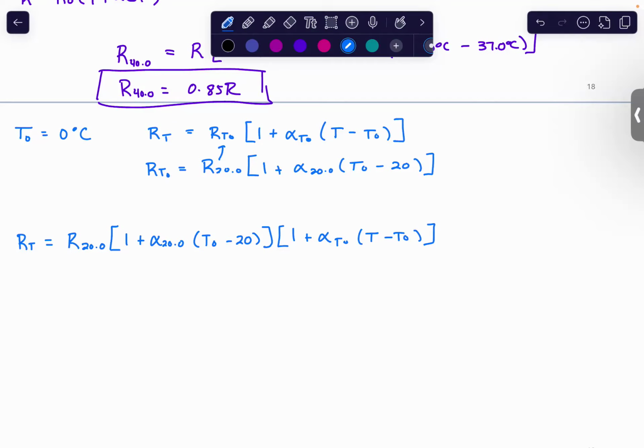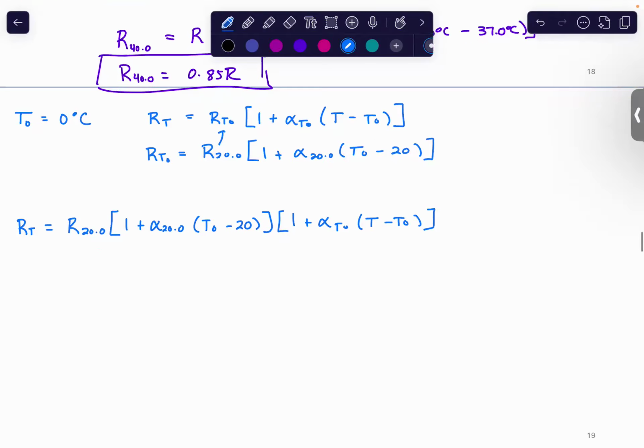So we know we can have a generalized RT equation. Because if we're able to relate the 20 degrees to T0, what else are we able to relate it to? These equations where your resistance or resistivity is based on temperature can relate what? Does it have to relate to specific temperatures? No, it can relate any two temperatures.